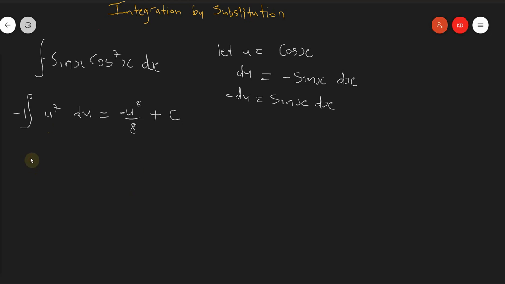That's right. So therefore the integral of sin x cos to the 7th x dx would be equal to negative cos to the 8th x upon 8 plus c. Good, and that's it.